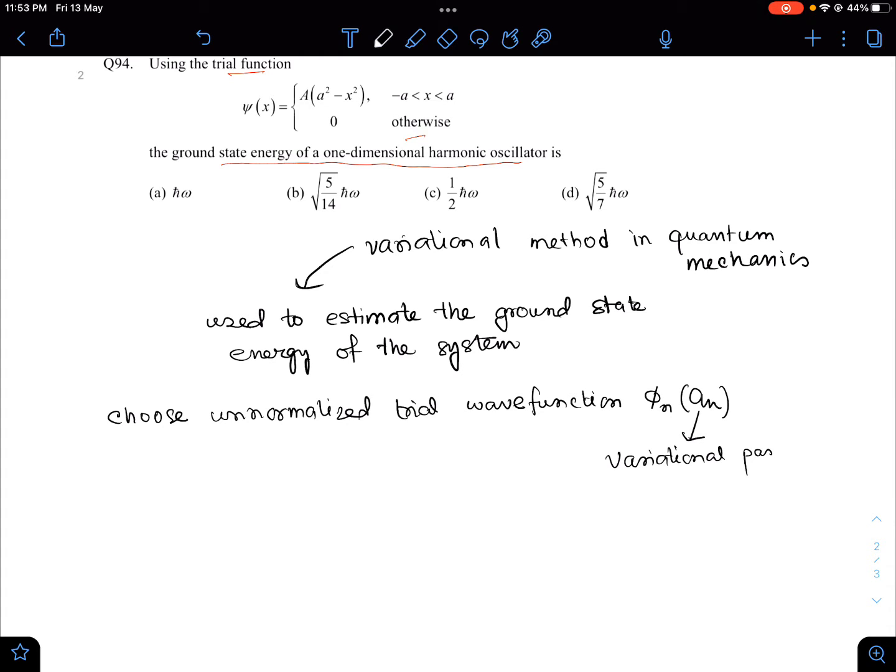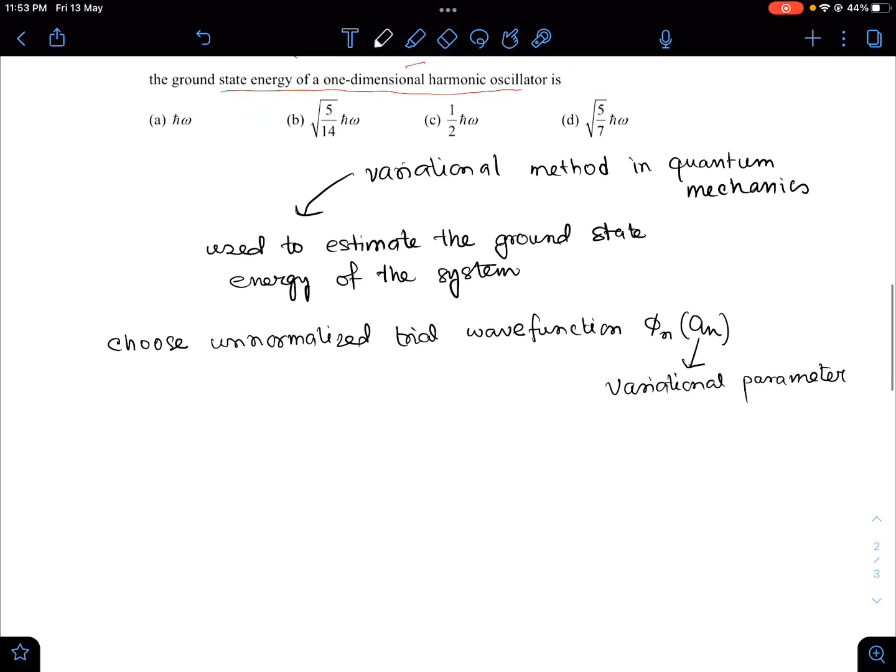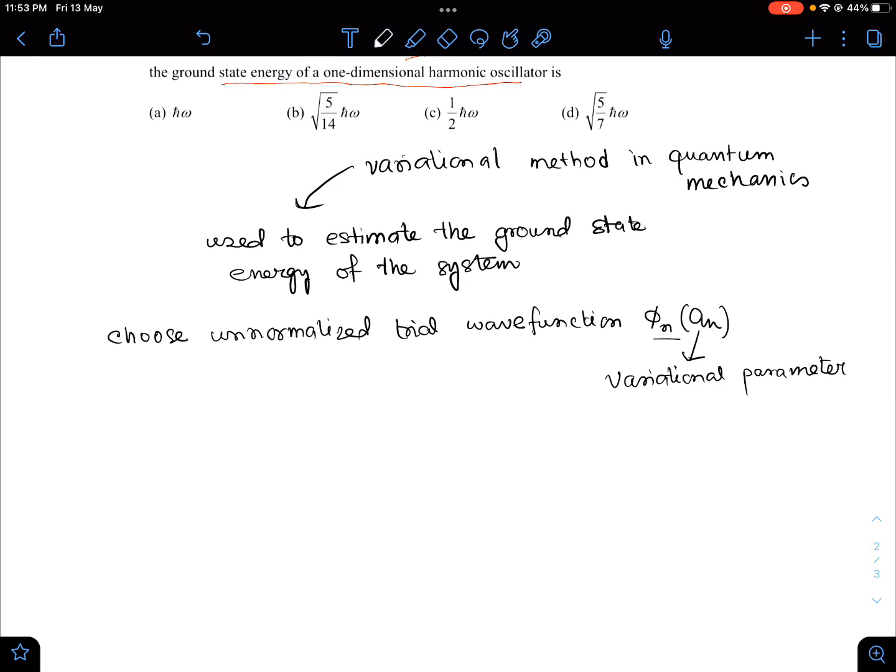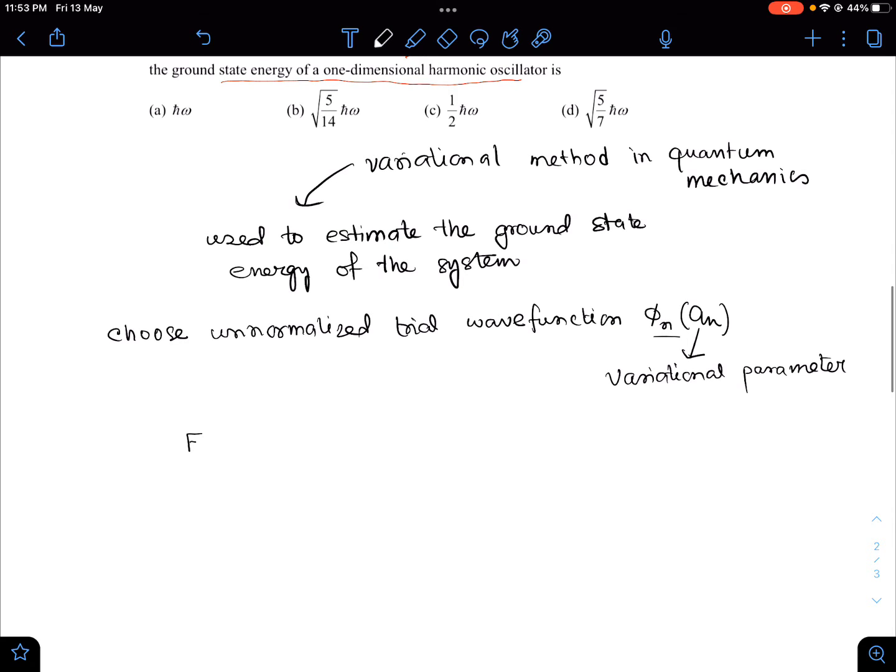Parameter means we have to find its value somehow. Using this wave function, we have to find the ground state energy. So the energy will be the expectation value of psi H psi, where we have our Hamiltonian. Since this is unnormalized, we have to normalize it, and obviously E is a function of a_n.